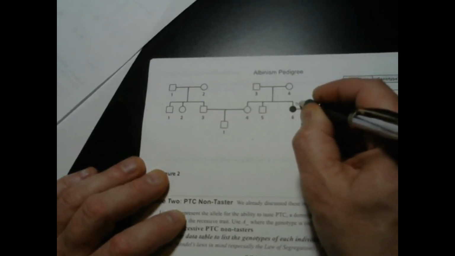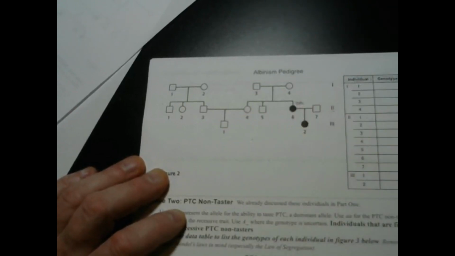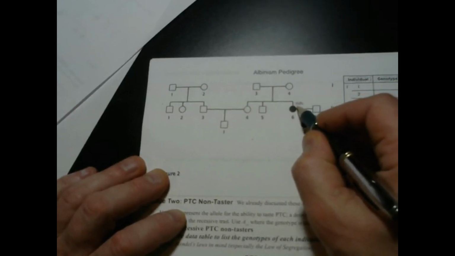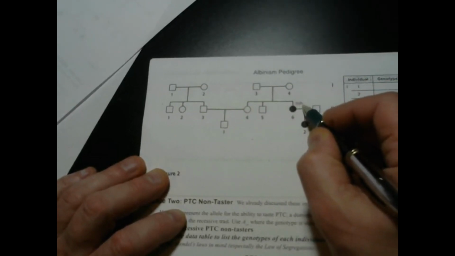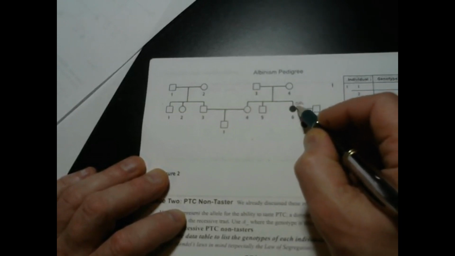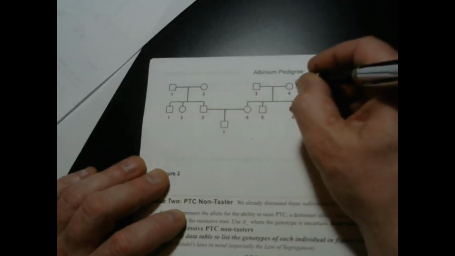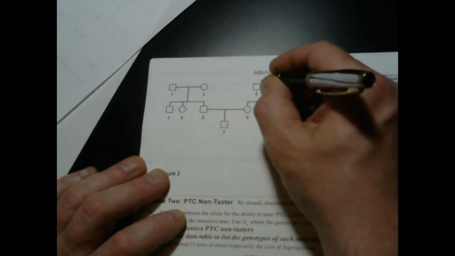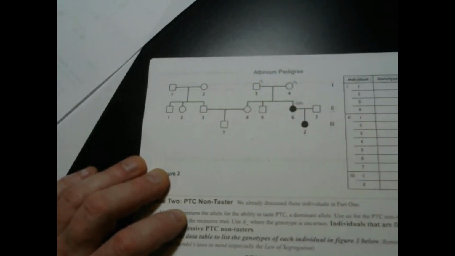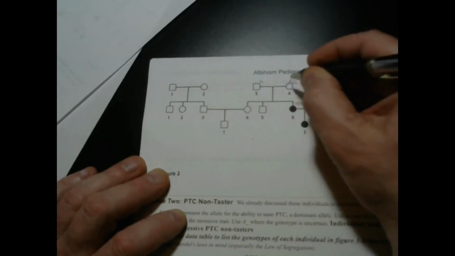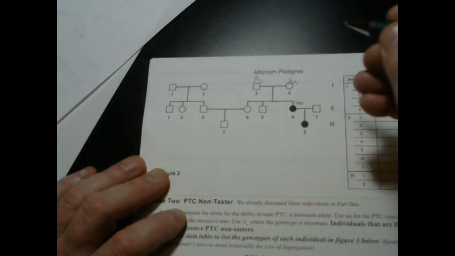And I like to draw right on the pedigree itself. Now, again, using logic, if this individual is homozygous recessive, has 2 recessive alleles, they must have gotten 1 from one parent and 1 from the other parent. But both of these parents are typically pigmented, and that means that they must have at least 1 dominant allele.